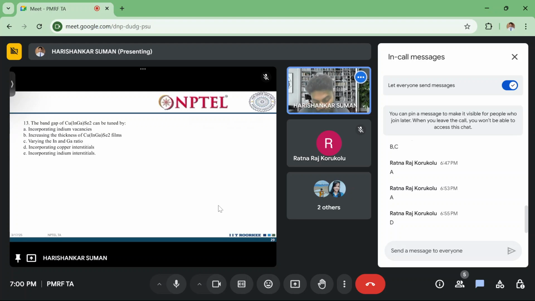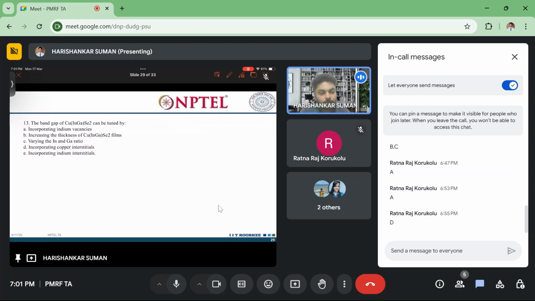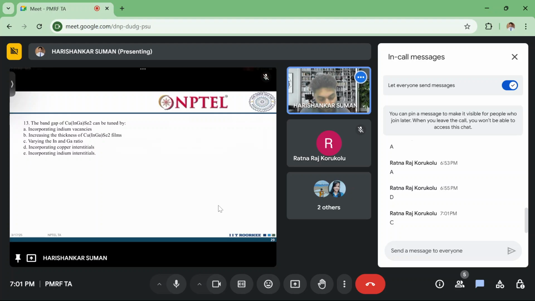These are the five options: incorporation of indium vacancy, increasing the thickness of copper gallium indium selenide films, varying the indium and gallium ratio, incorporation of copper interstitials, incorporation of indium interstitial. Let me check the answer. Yeah, you are right.